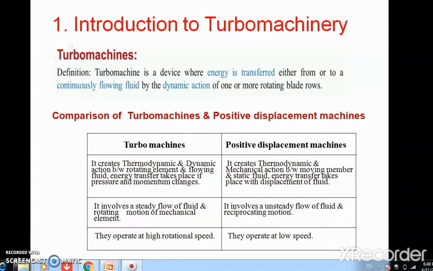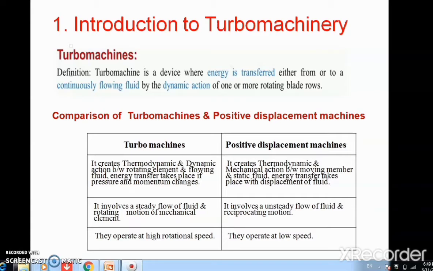If you remember, you might have studied positive displacement machines in your applied thermodynamics course. The reciprocating air compressor was the kind of positive displacement machine, where you might have seen the reciprocating motion of the piston and cylinder arrangement, but there was no rotary part involved. There was linear motion in the piston and cylinder.